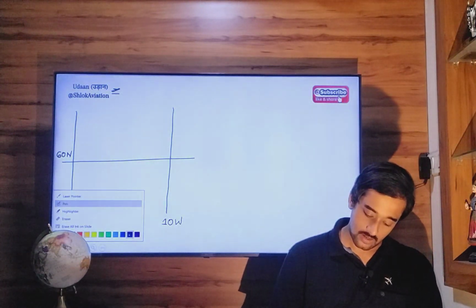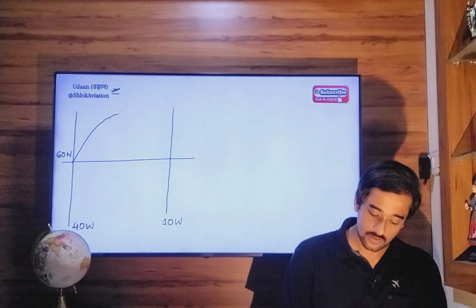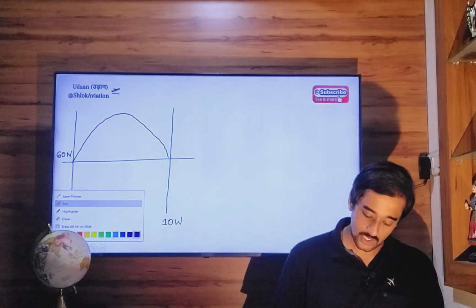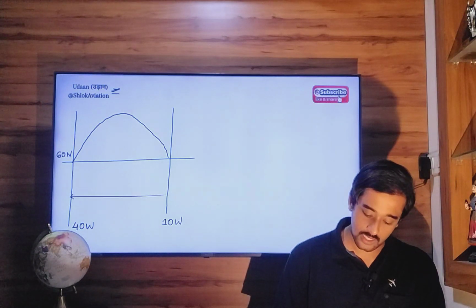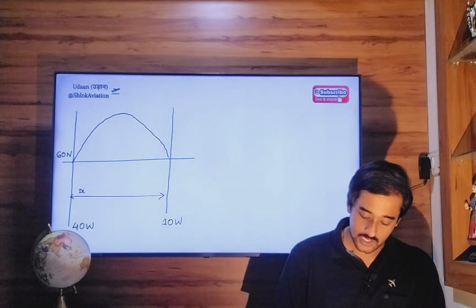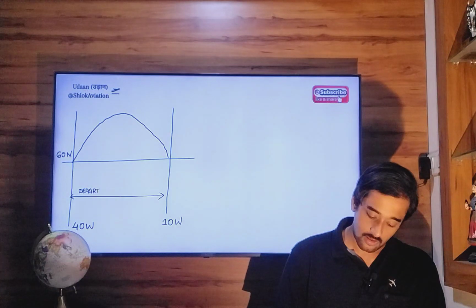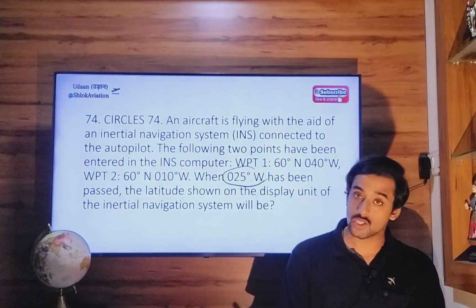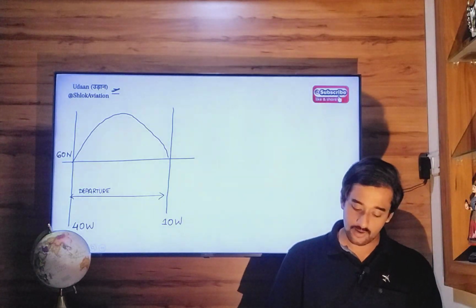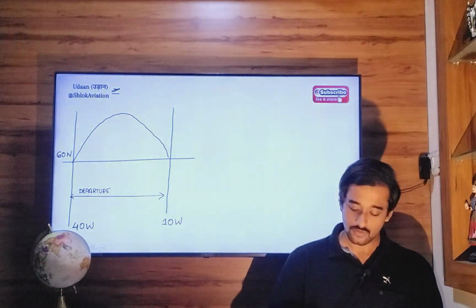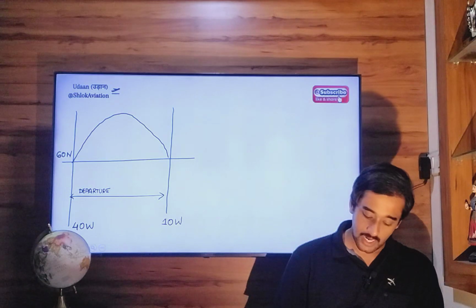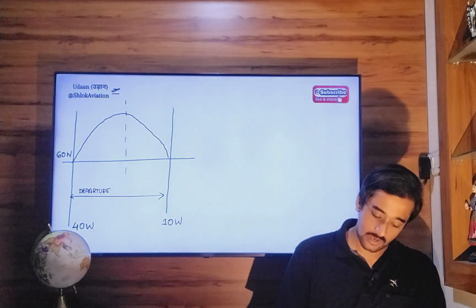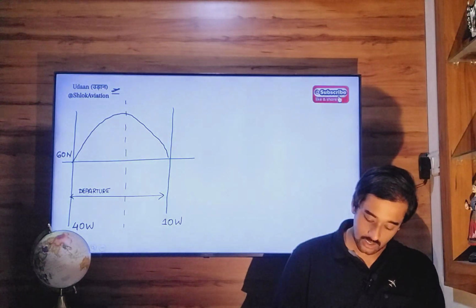Next, the great circle track. Now the distance between these two longitudes is your departure. To find the latitude at 25 degrees west longitude: 25 degrees west longitude is right between 40 degrees west longitude and 10 degrees west longitude.